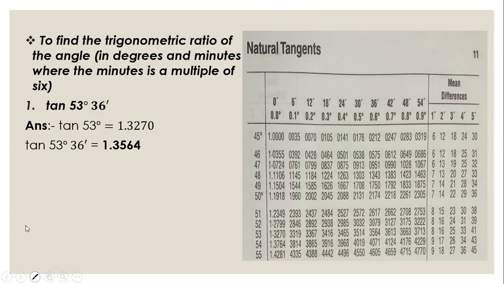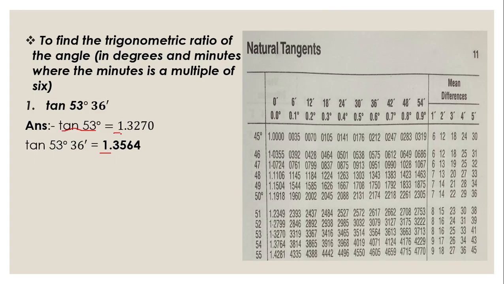The number before the decimal of tan 53 degree 36 minute is the same as the number before the decimal of tan 53 degree.